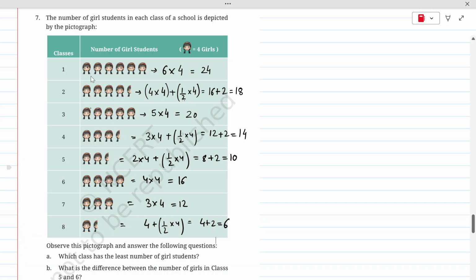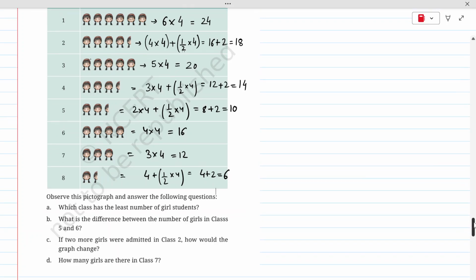First, we count the number of pictures. Per picture, we have 4 girls, so we multiply directly. Where we have a half girl picture, we take half and multiply it by the number of girls, that is 4. Then we simply add them. So this is the data which is given to us.